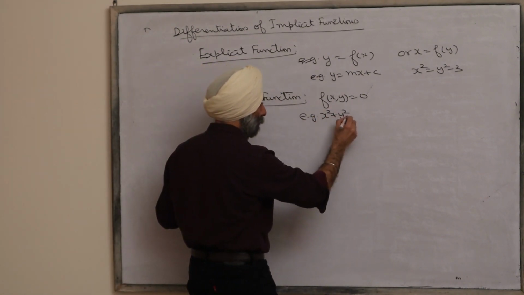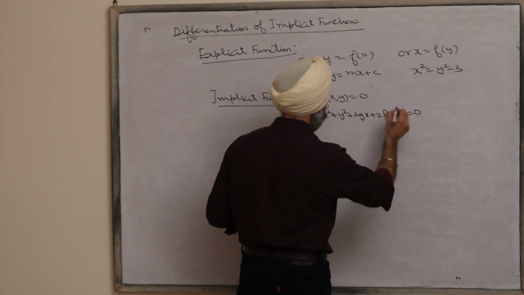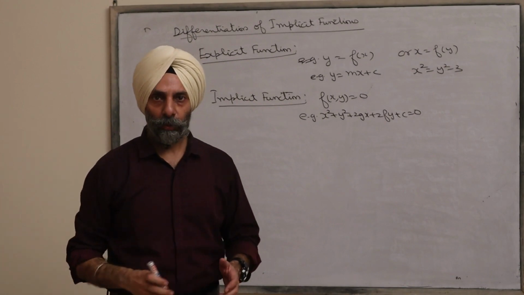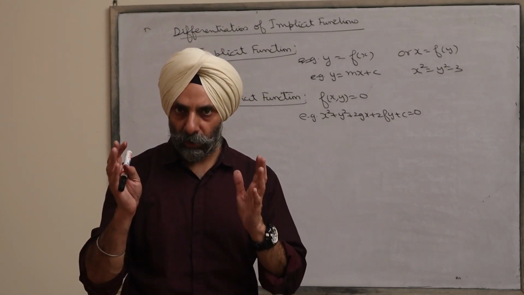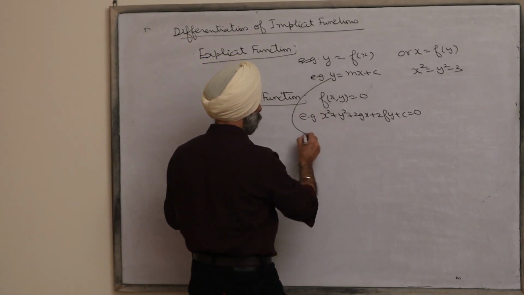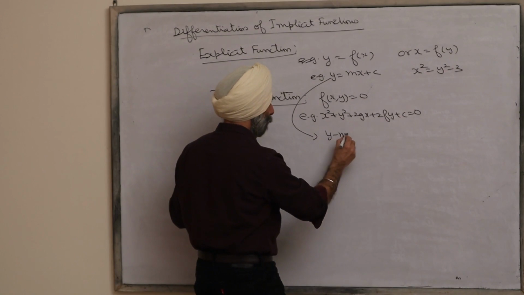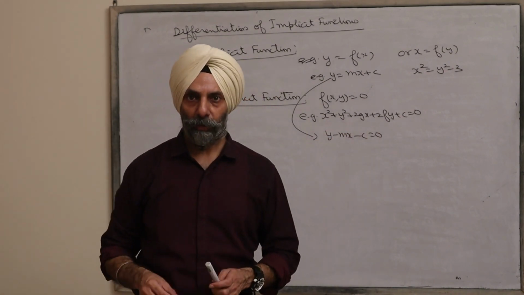It is x square plus y square plus 2gx plus 2fy plus c equals 0. This is an example of an implicit function, in which the variables x and y occur simultaneously. I can write this in the implicit form as y minus mx minus c equals 0. Now it is written in the implicit form here.